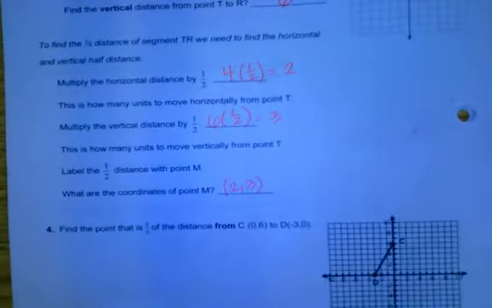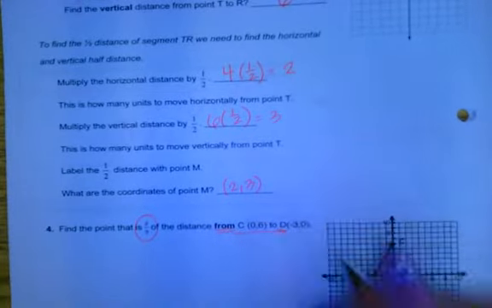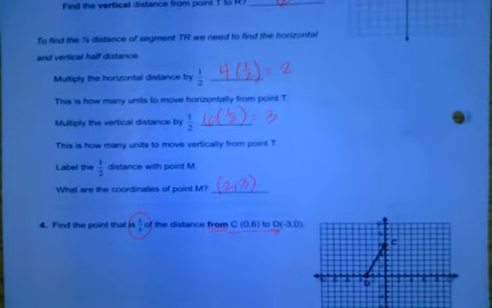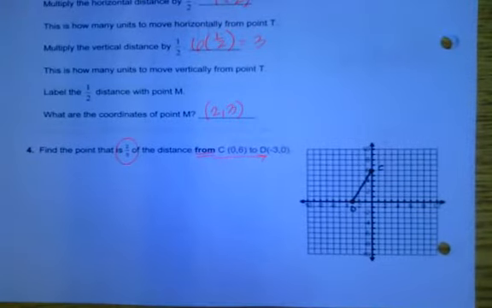Okay, I want you guys to do number 4 on your own. Find the point that is 2/3 of the distance from C to D. So find your horizontal distance, your vertical distance, and then multiply by that fractional distance.